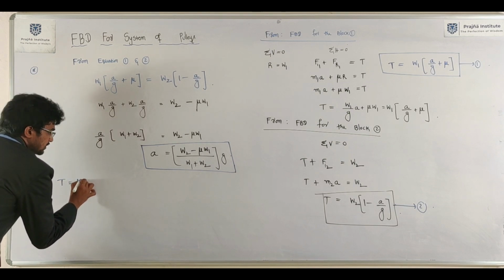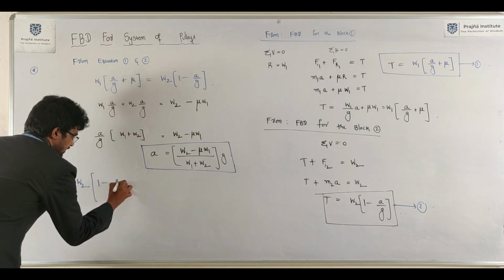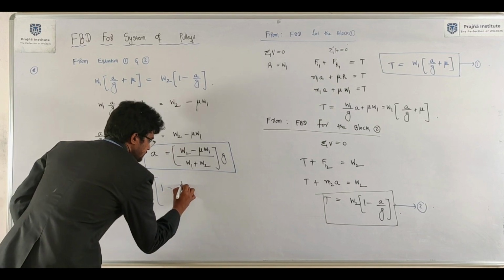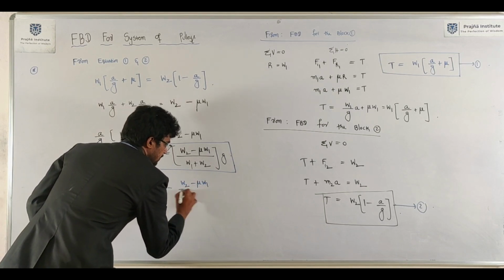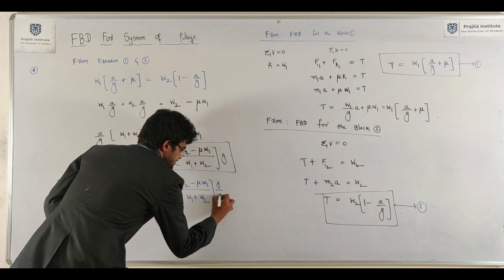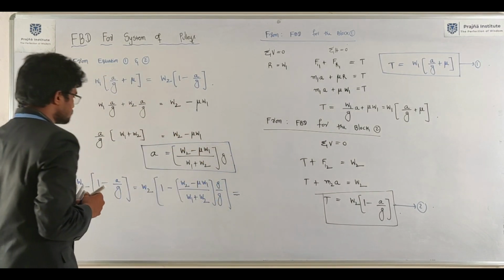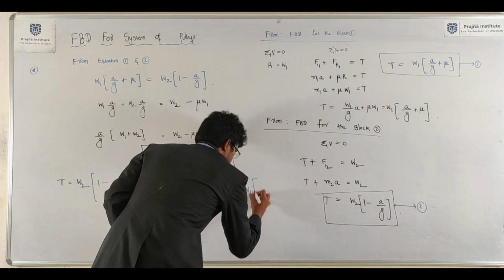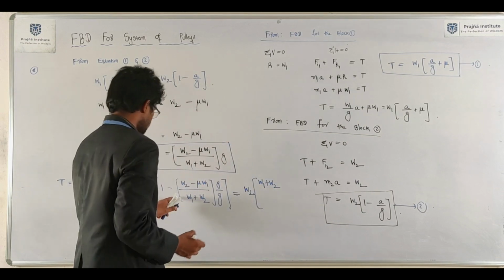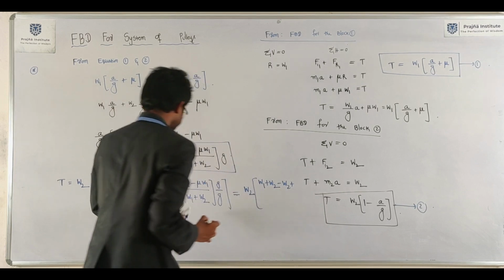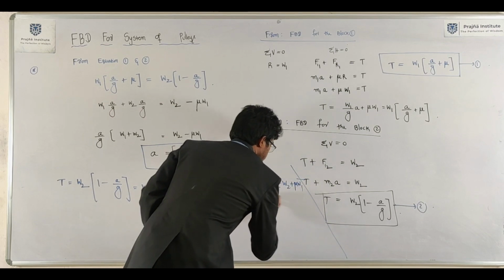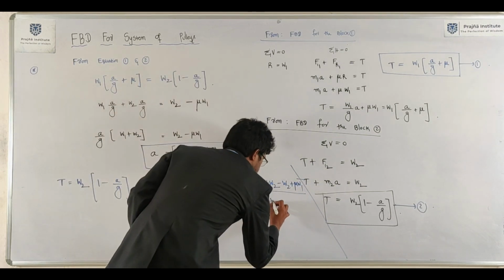T equals W2 into 1 minus A by G, which is W2 into 1 minus W2 minus mu into W1 by W1 plus W2, into G by G. That equals W2 into W1 plus W2 minus W2 plus mu into W1, by W1 plus W2.